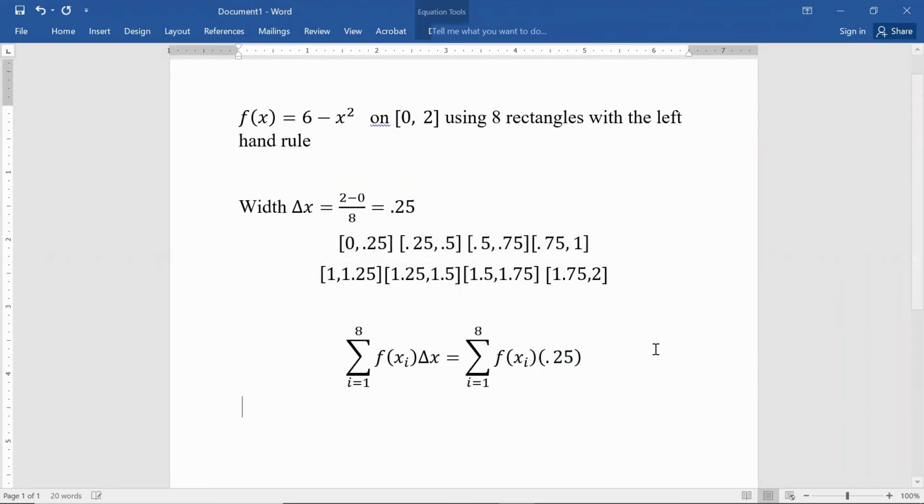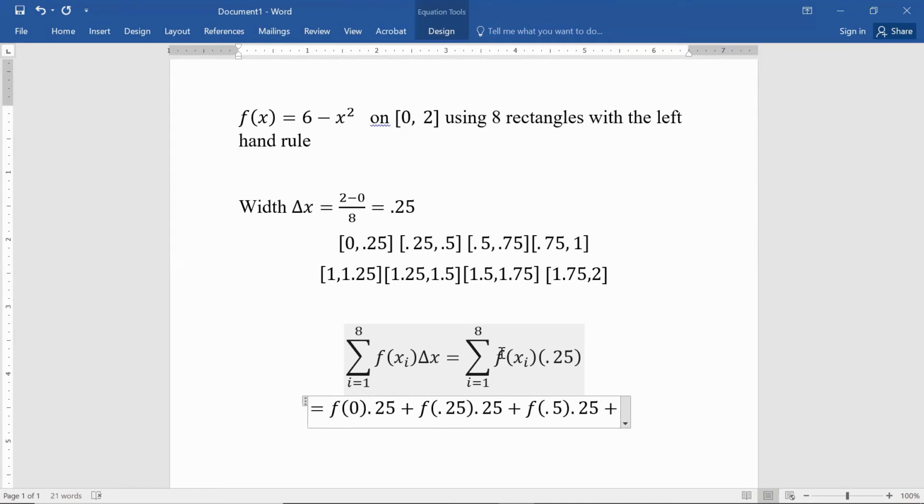When we want to calculate this, we're going to have to be able to expand this out and, in fact, write out f of 0 multiplied times 0.25 and then plus f of 0.25 multiplied by 0.25 and then plus f of 0.5 multiplied times 0.25 and so on and so forth.